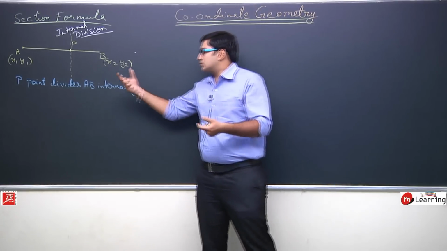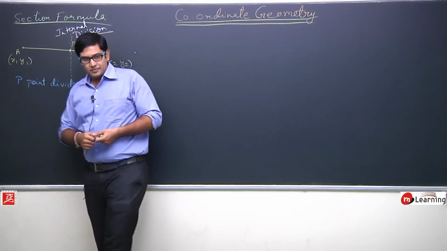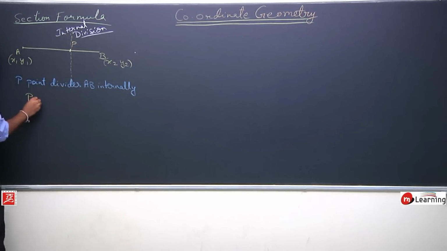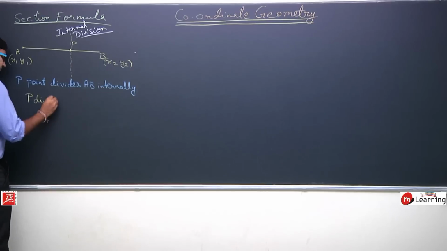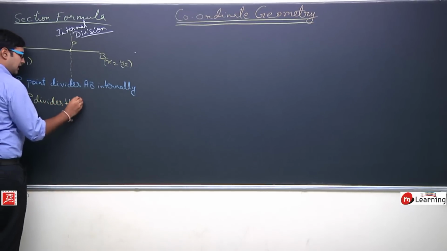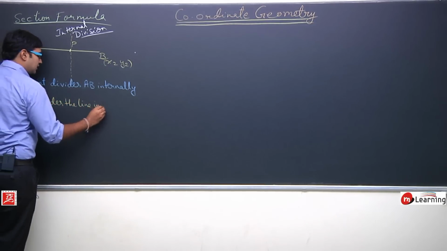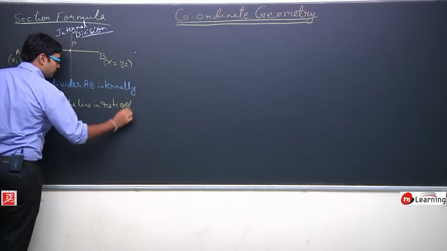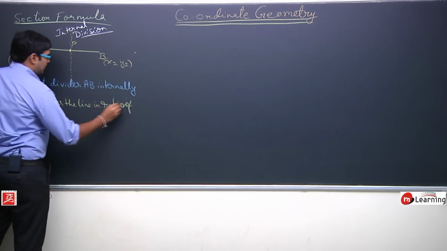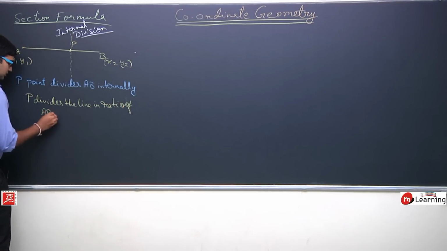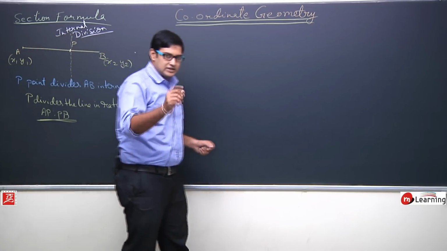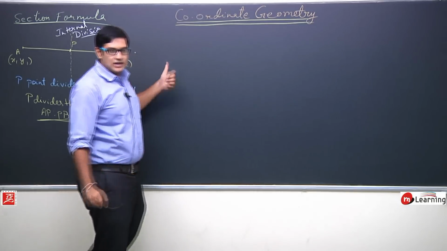There might be some ratio in which this line is divided, and I will say that P divides the line in the ratio of AP is to PB. This will be the ratio of division of this line.